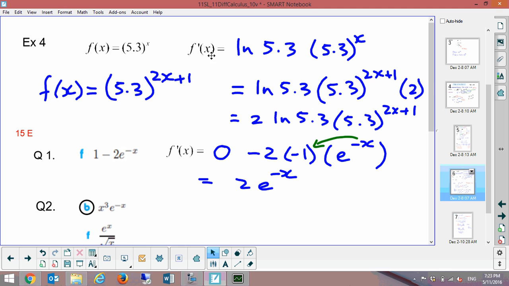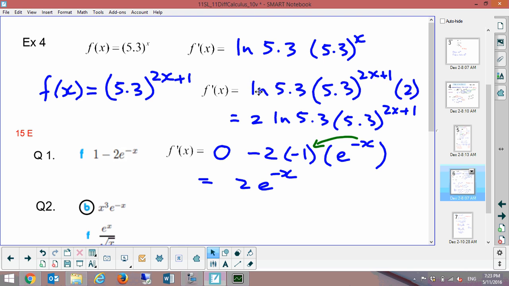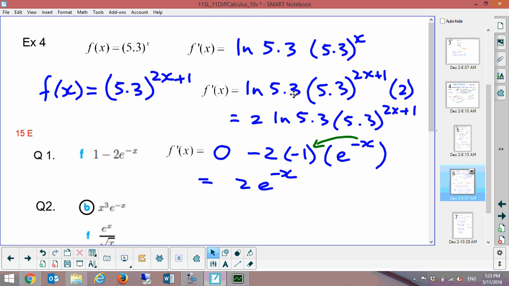Alright, so let's just copy it down here. So our derivative function is going to be the natural log of 5.3 times 5.3 to the 2x plus 1.